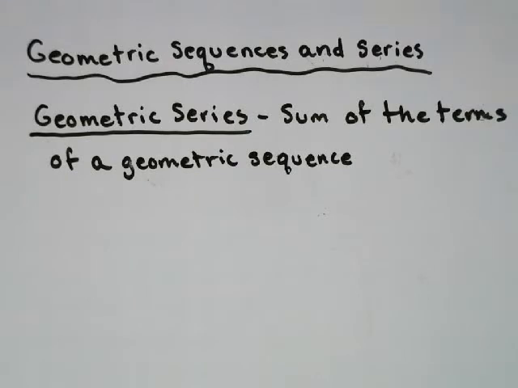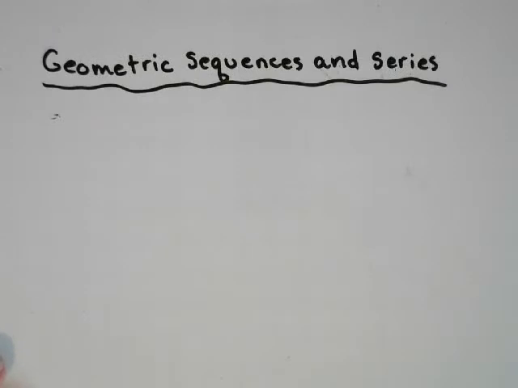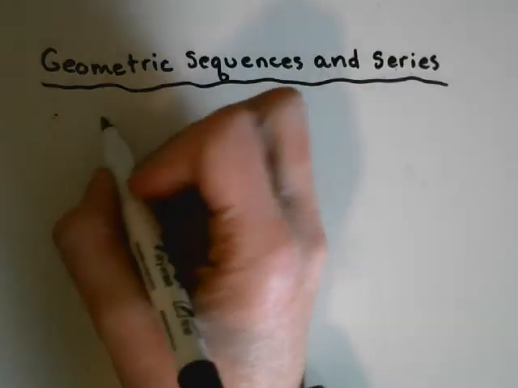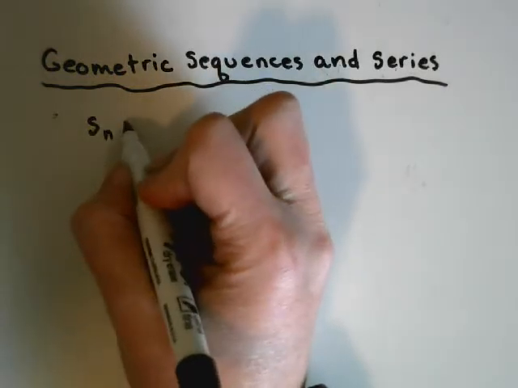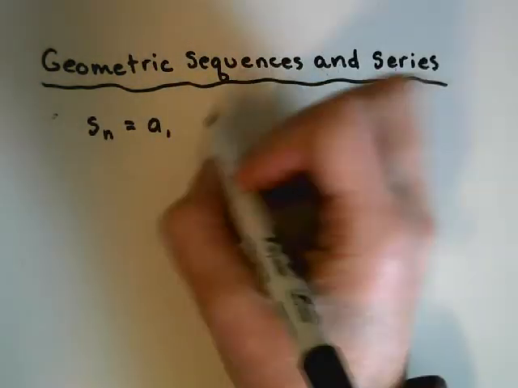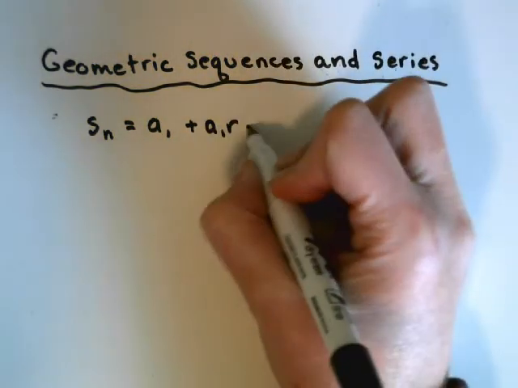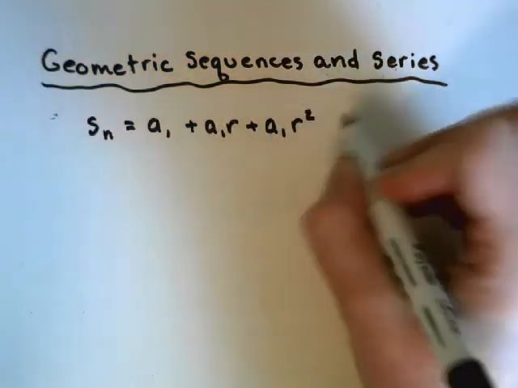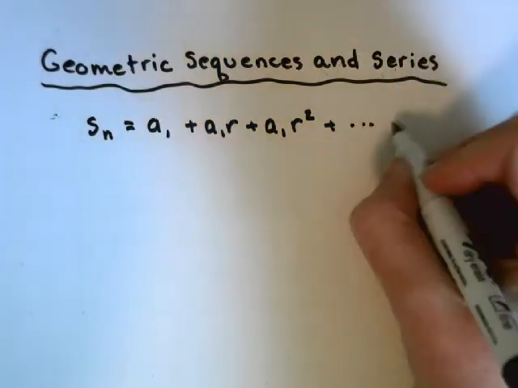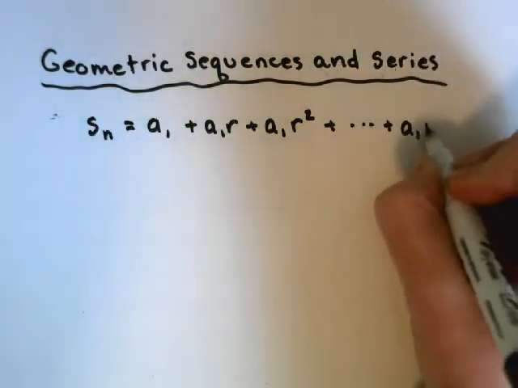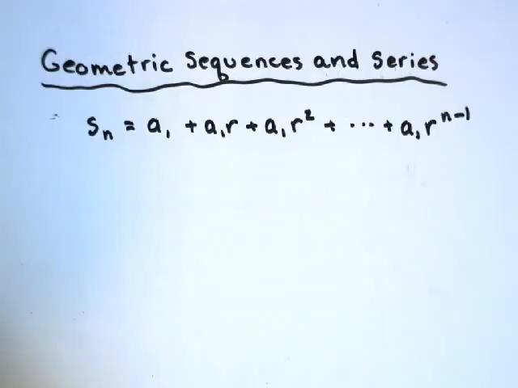So a geometric series is the sum of the terms of a geometric sequence. So all series are just sums. So geometric is the sum of a geometric sequence. Okay. So again, I'm going to derive this formula for you. This one's a little bit less obvious, but I want you to see where everything comes from. So we're going to have S_n equal to a1 plus a1 r plus a1 r squared, and so on down to a1 r to the n minus 1.